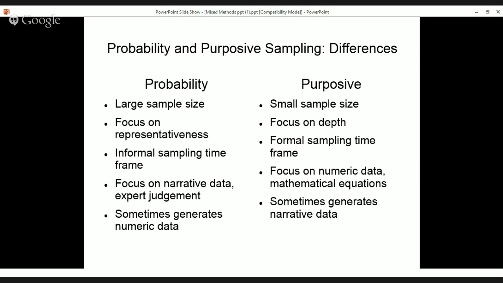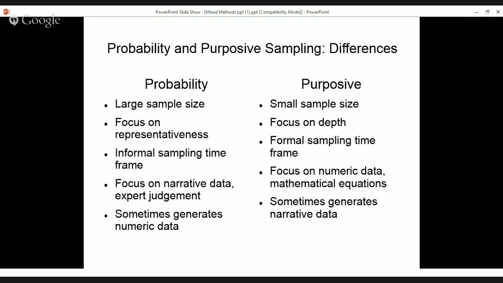In a probability designed research type, there's a large sample size. And they're focusing on getting a large representativeness of the population. There's an informal sampling time frame, and they focus on narrative data and expert judgment. Or sometimes they generate numeric data, but normally they are using more qualitative data.